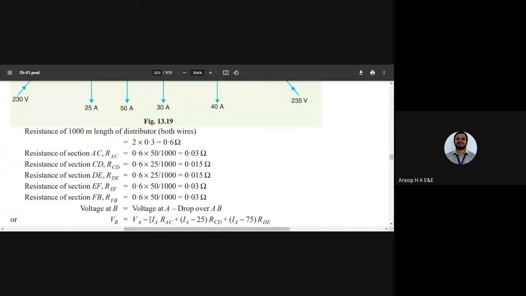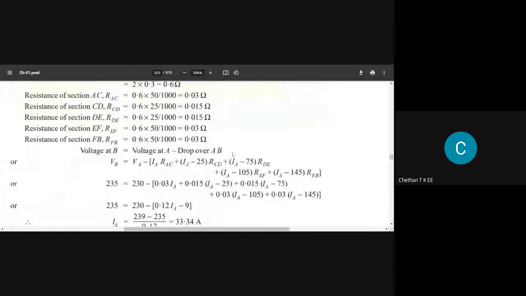Chetan, are you there? Yes, sir. Yeah, Chetan. So now I want you to find out the resistance in each section. Yes, sir. I'll solve and update, sir.